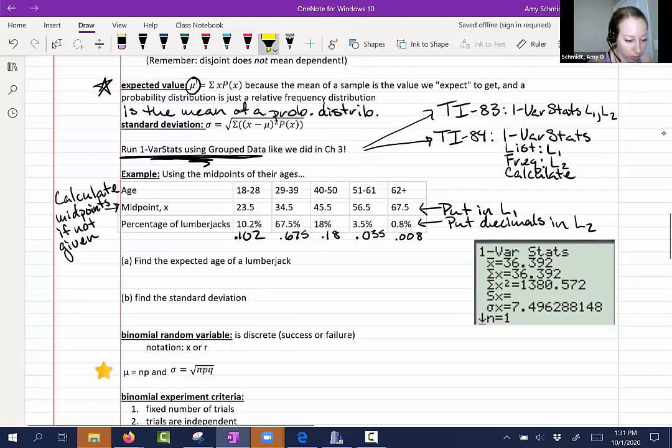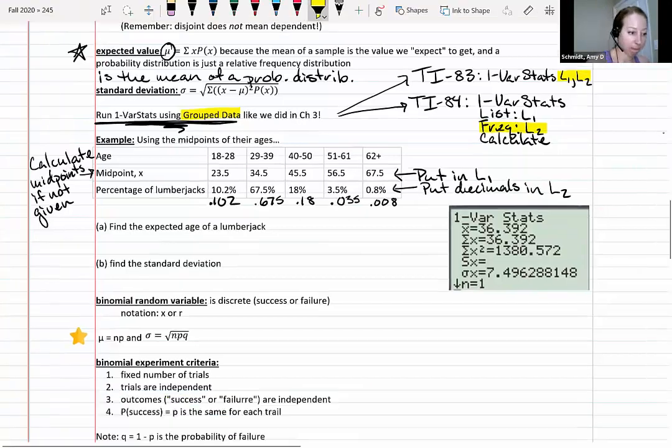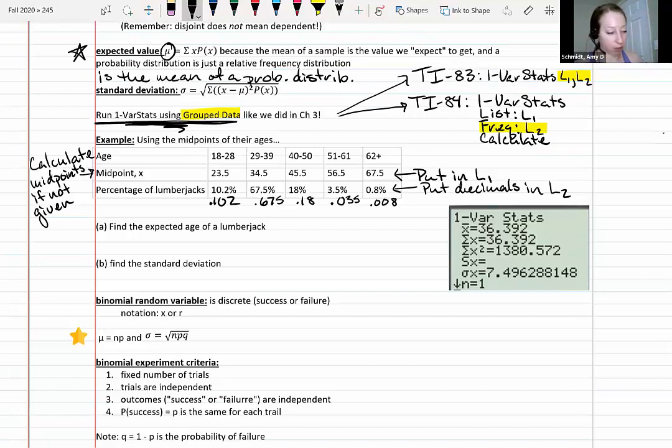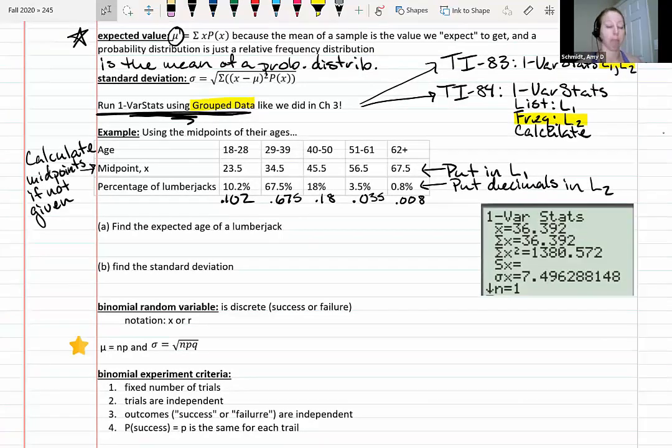So grouped data is when you have to do that, which is when you have to make the frequency list L2 in a TI-84. If the data is not grouped into bins, then you don't have to do this, which is why sometimes people forget that they do have to do this, because sometimes you do and sometimes you don't. Sometimes it's grouped, sometimes it isn't.